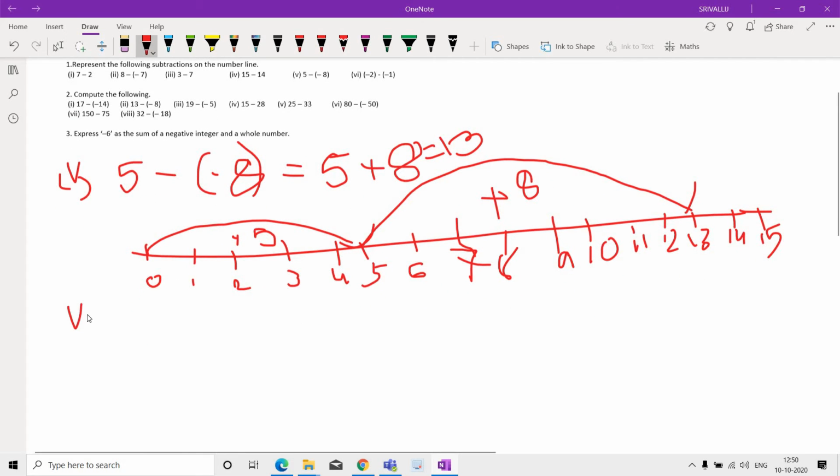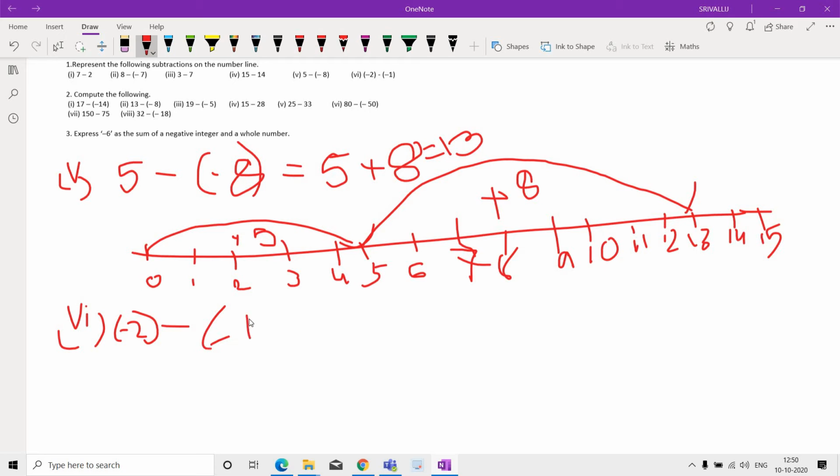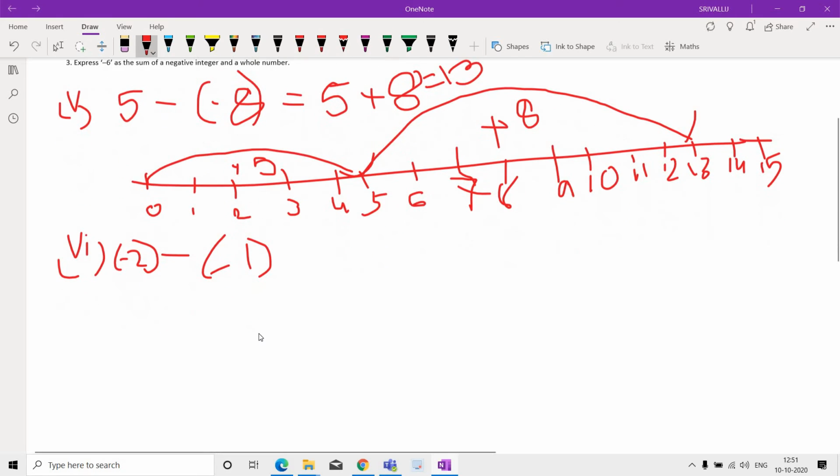Now we are coming to the sixth problem. -2 minus -1. This problem is totally different from the last 5 problems. So minus into minus is plus: -2 plus 1, or else plus 2 minus 1.